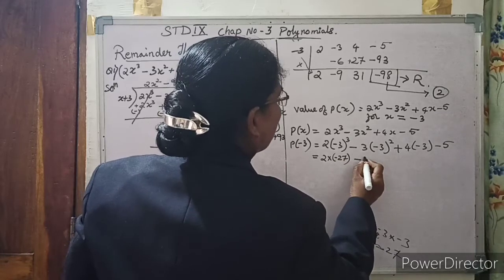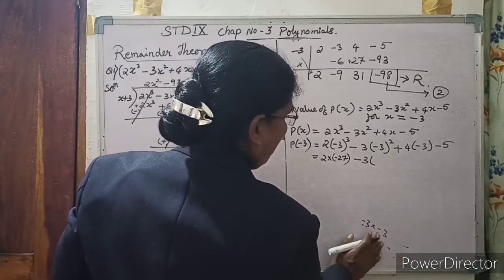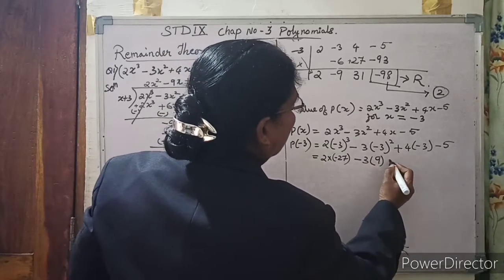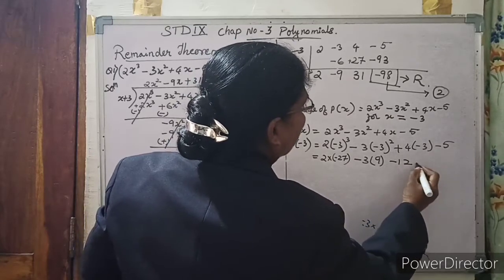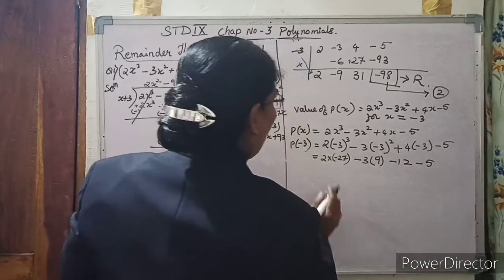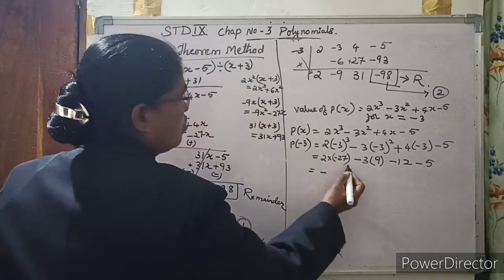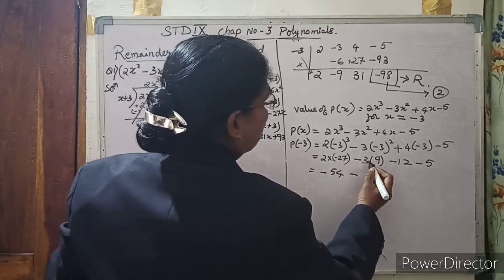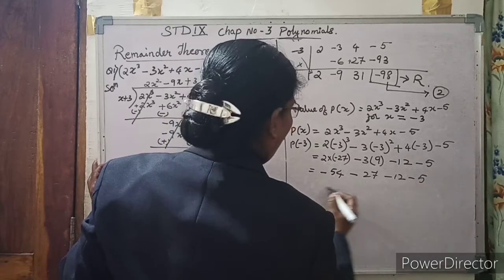Minus 27. Minus 3 into minus 3 square, 3 square means up to here only. Minus into minus is plus, 3 threes are 9. Now plus into minus is minus, 4 threes are 12. Minus 5 as it is. Here plus into minus is minus, 2 sevens are 14, carry 1, 2 fours, 5, 54, minus 3 nines are 27, minus 12 and minus 5.